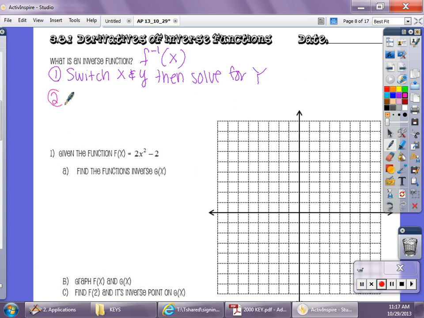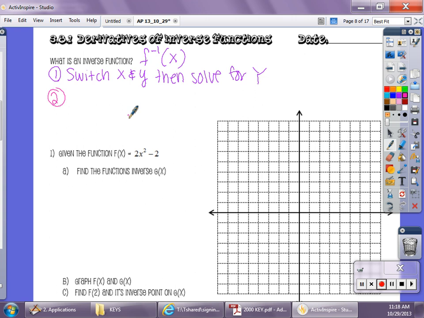Second thing that you should know about an inverse. How do you know what an inverse looks like on a graph? First of all, without me writing it, it's where every single point, the x's and y's are switched. Every single point. If it's 2, 4, then it's 4, 2. If it's negative 1, comma 2, then now it's 2, comma negative 1.